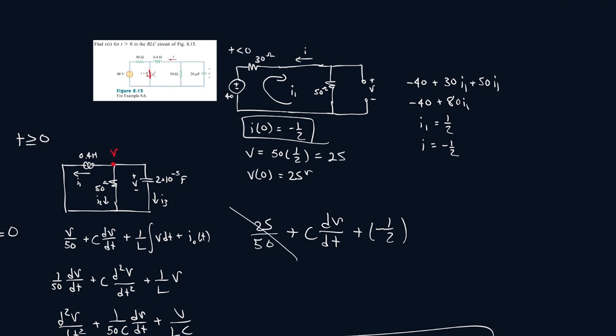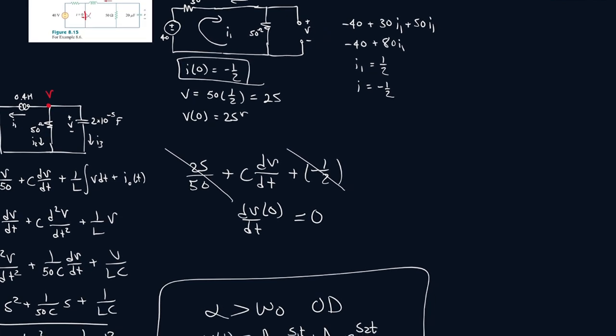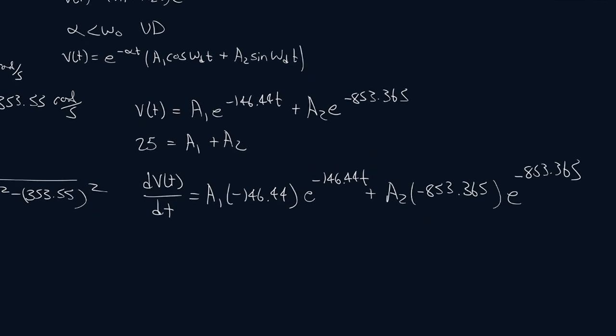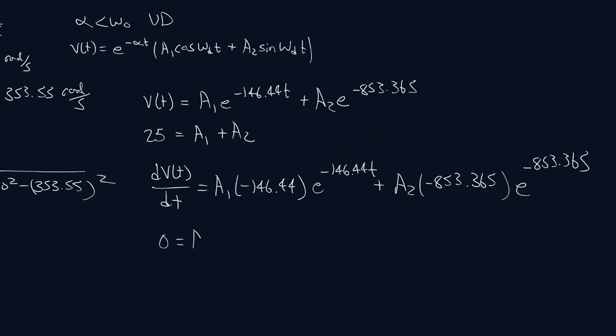And you see this and this will cancel. So C dv/dt at 0 is equal to 0, so this is also gone. So that means dv/dt at 0 is equal to 0. So I'll put this here. So this is gone, this is gone.